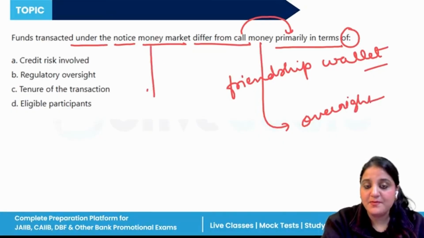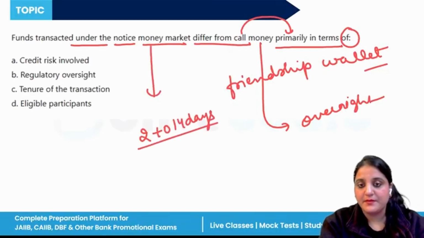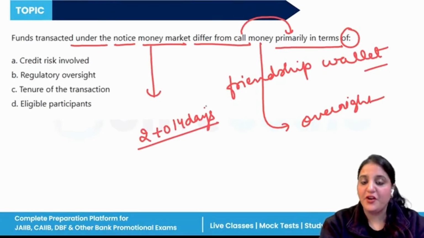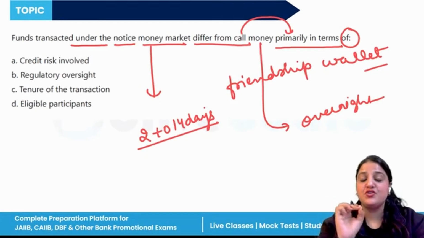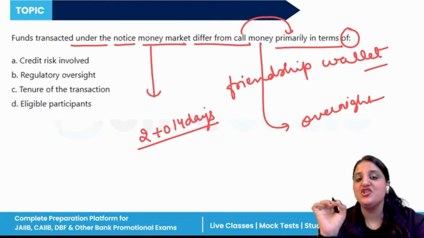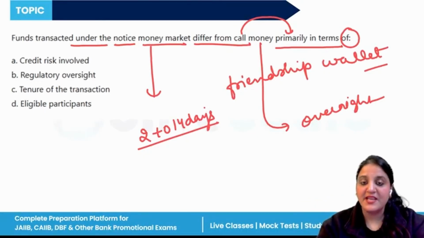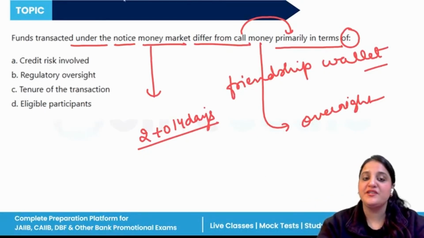And notice money is for 2 to 14 days. These instruments help banks manage short-term liquidity mismatches efficiently without disturbing long-term assets.